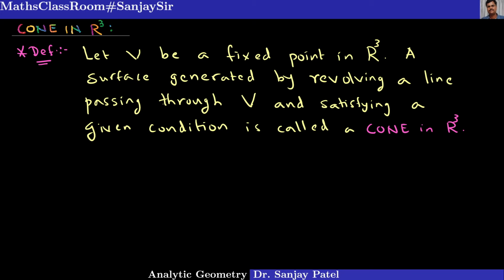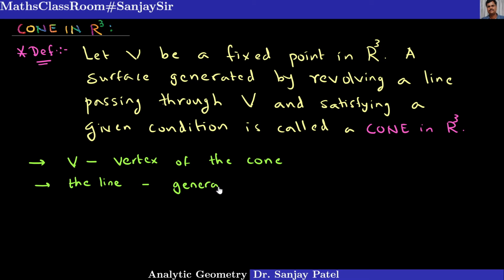Just note that this fixed point V is called the vertex of the cone, and the line L, which is passing through the fixed point and satisfying the given condition, the variable line, is called the generator of the cone.